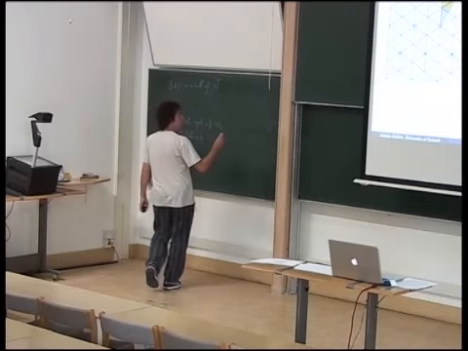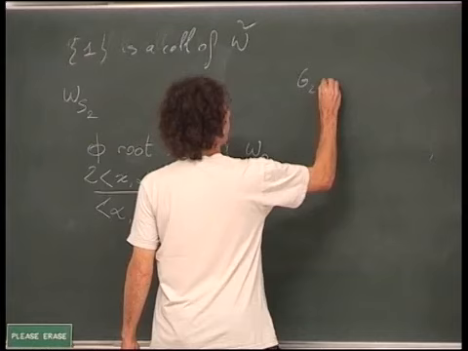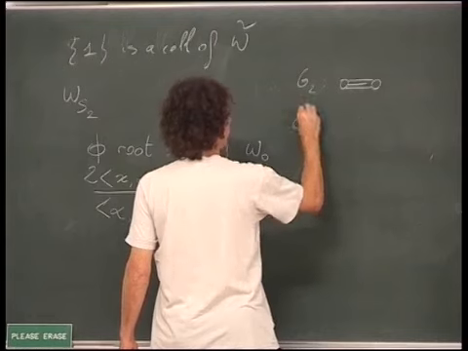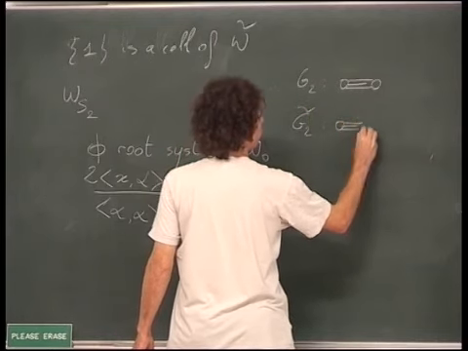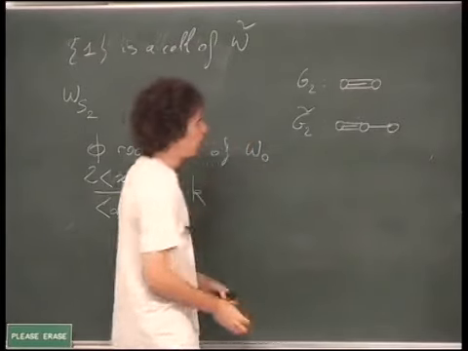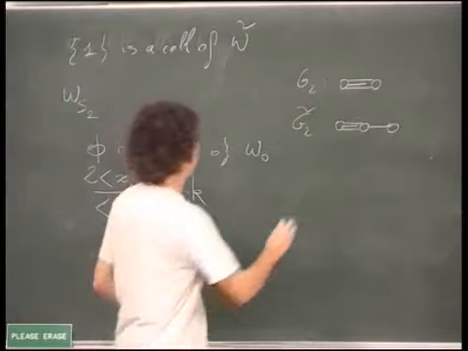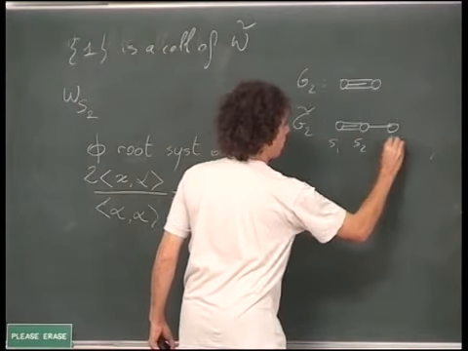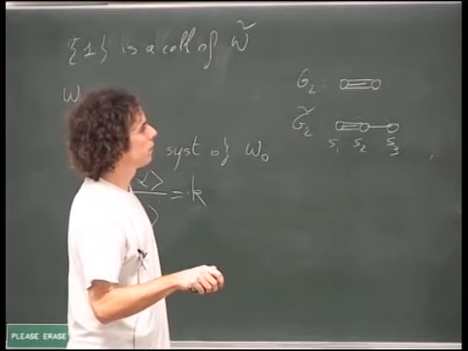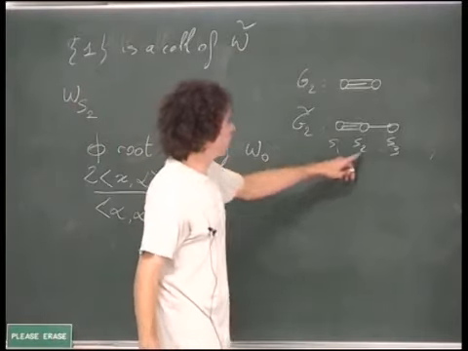So here, in my example, I started with the Weyl group of type G2. I just want to show you that you really end up with the affine Weyl group of type G2, which is like that. Well, what happens if you apply S1 and S2?